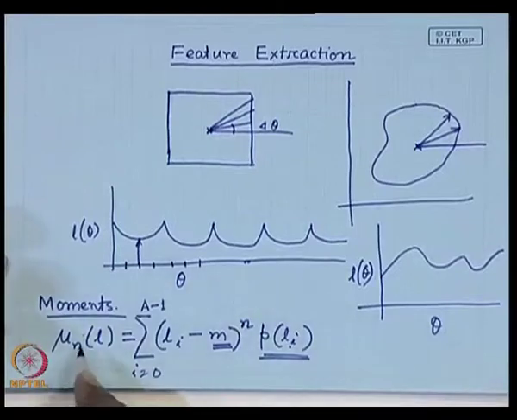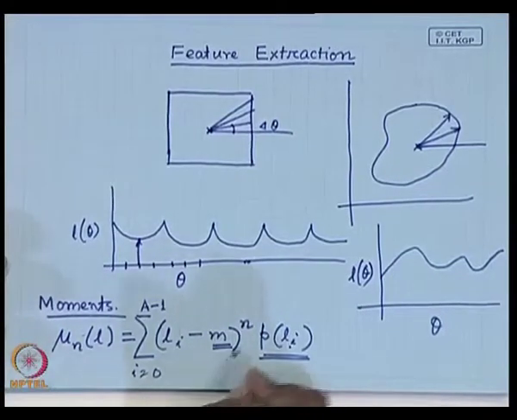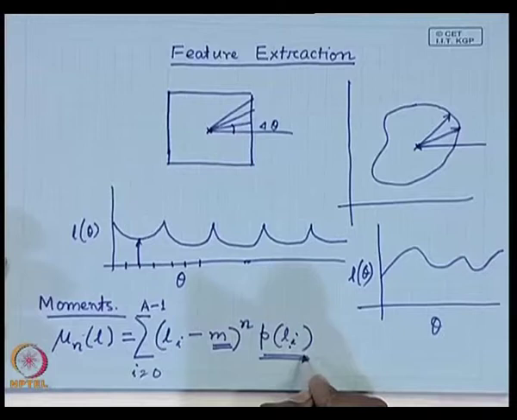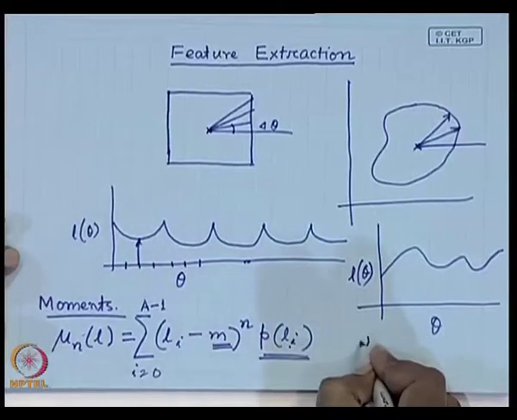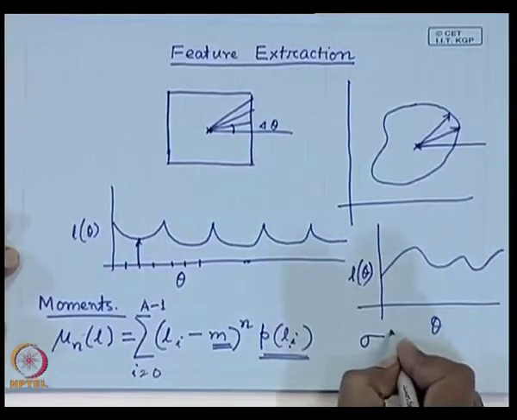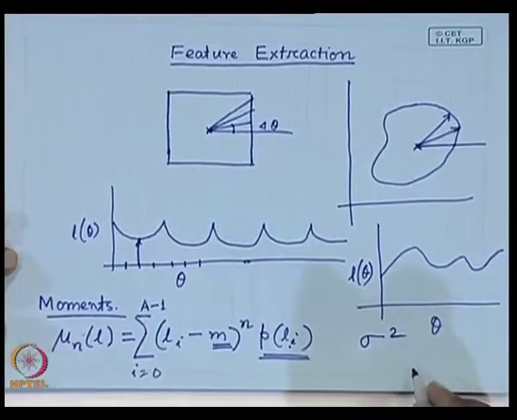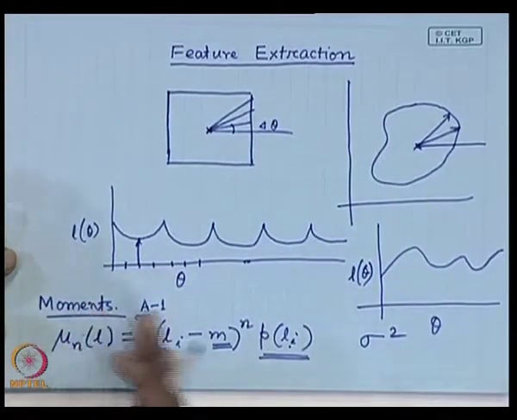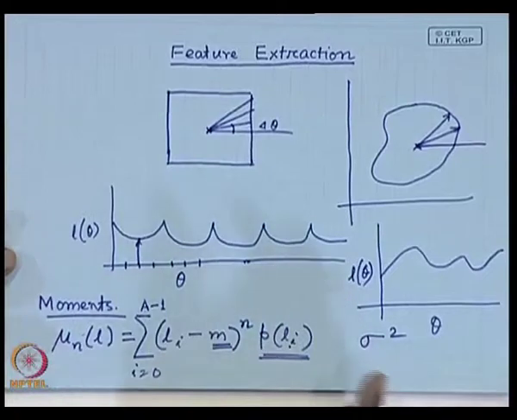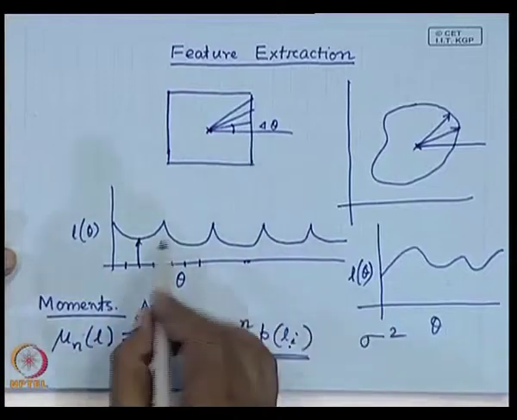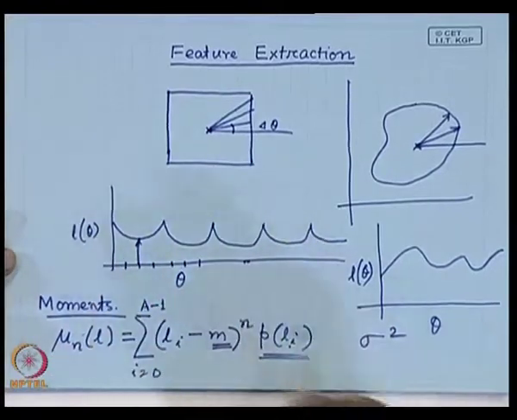Obviously, for n equal to 2, the second moment has a special significance, because if I put n equal to 2, this simply becomes the summation of (L_i minus m) squared into p of L_i, which is nothing but the statistical variance, sigma squared. If I take the moments of different orders 2, 3, 4 and so on, each of those moments becomes a feature of this signature.